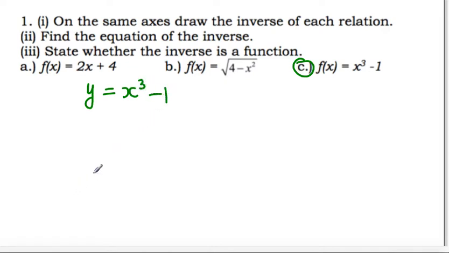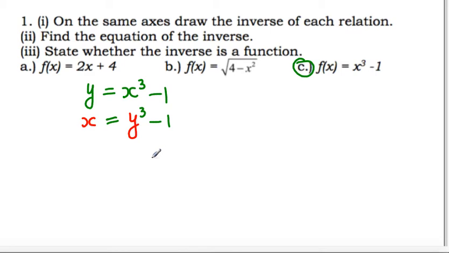Right, so do you remember what you need to do first when you are trying to find the formula of the inverse of a function? Basically, the basic principle, you swap the position of y and x. So that's the first thing that we need to do. If I swap the position of y and x, then I will have x equals y cubed minus 1.